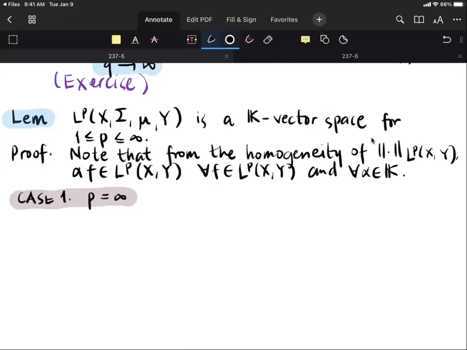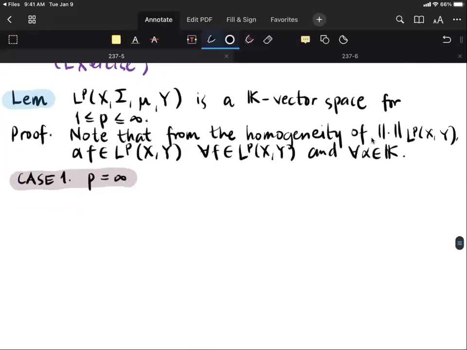Okay, so going back to the cases. The first case, suppose that P is infinity. Then f plus g is mu strongly measurable.